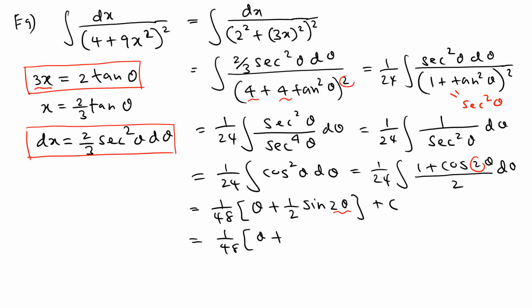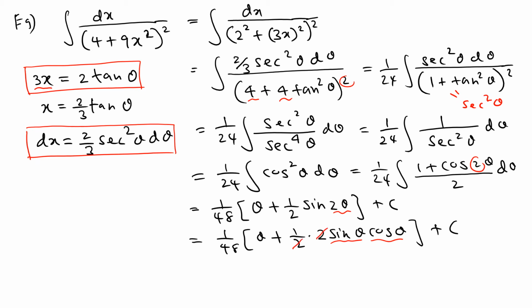Theta is fine, we can substitute for that. Here we can write this one using the double angle formula as 2 sine theta cosine theta plus c. We have to do that first, and then we're going to substitute for sine and cosine. That's the right way to do it. And then also you can see that this 2 and that 2 get cancelled.